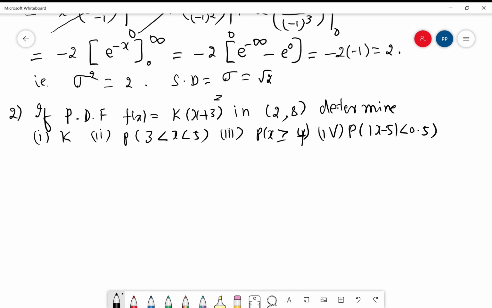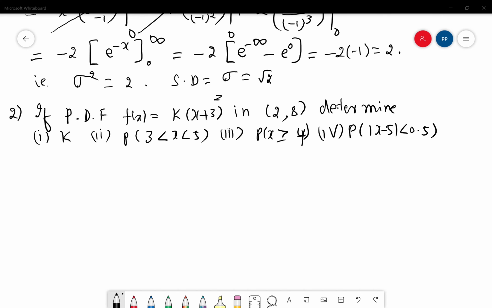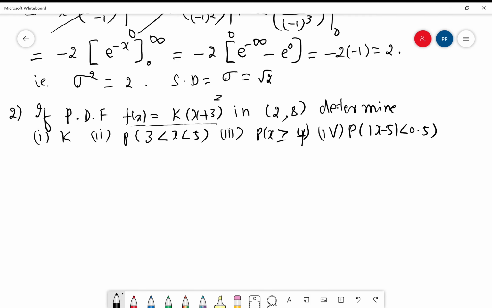Fine. So first we consider the PDF, which is the function k into x plus 3, but it is defined only in the interval 2 comma 8, but actually we require the function in the complete interval.